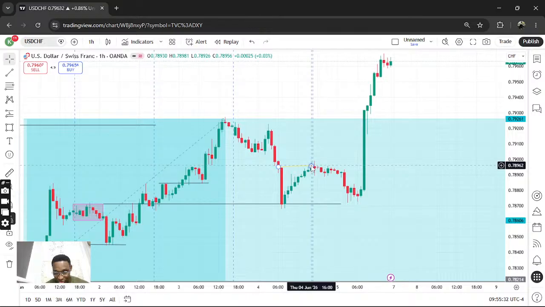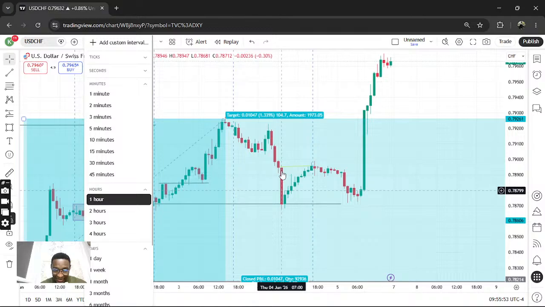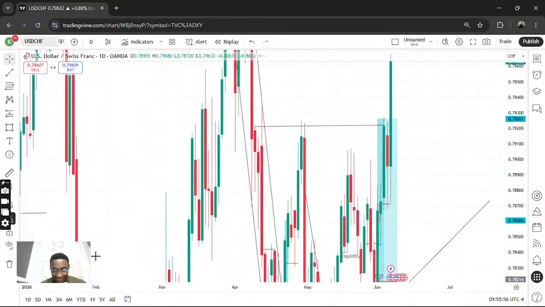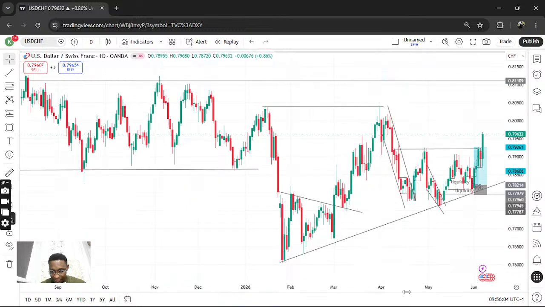Let me go back to daily time frame and show you that from here to here is a wick from daily time frame. Now, this is Thursday. This is Friday.